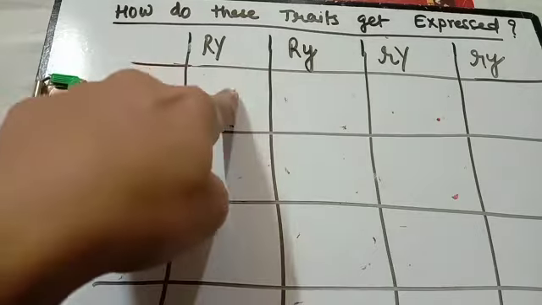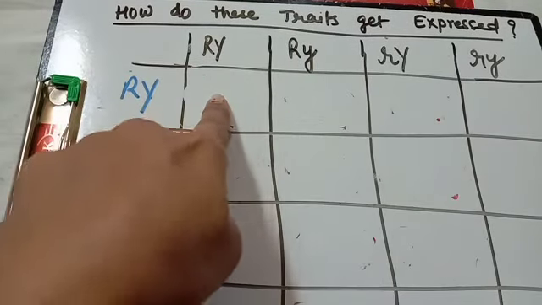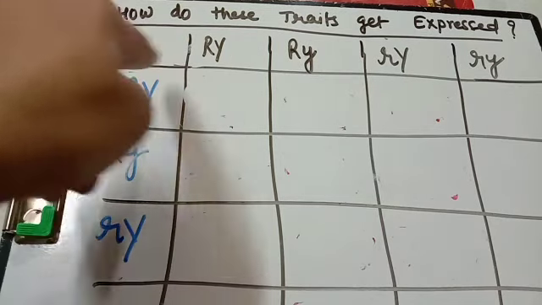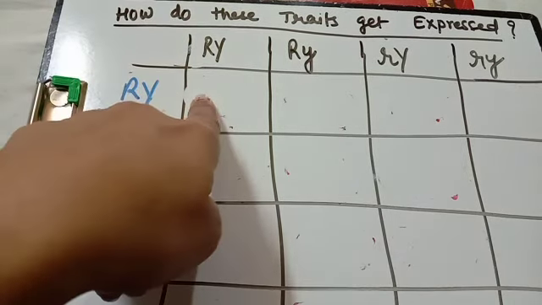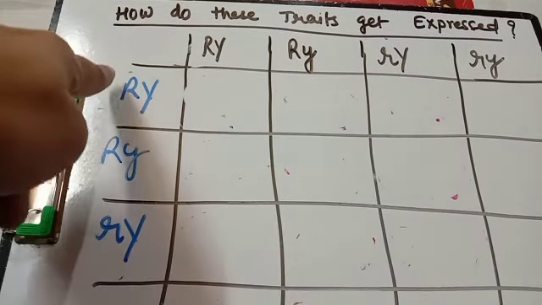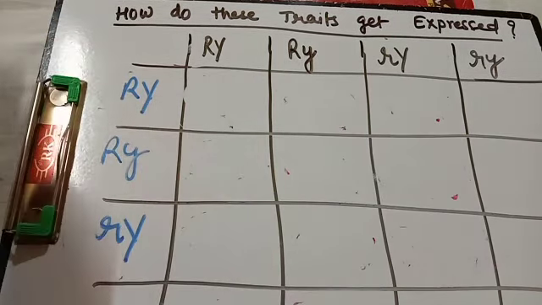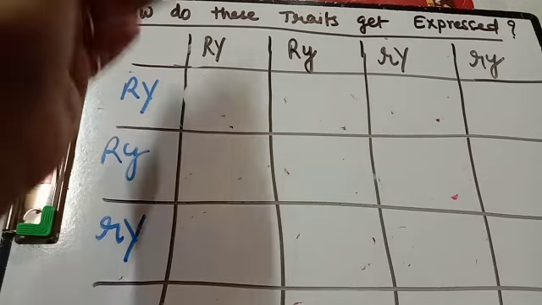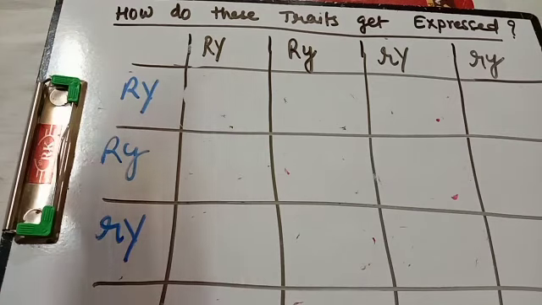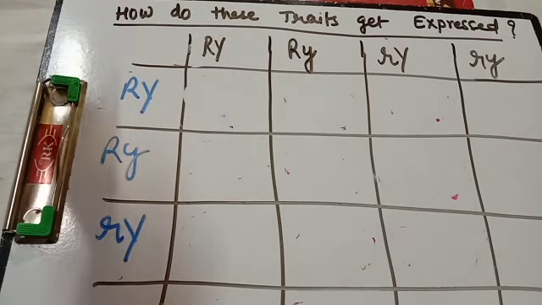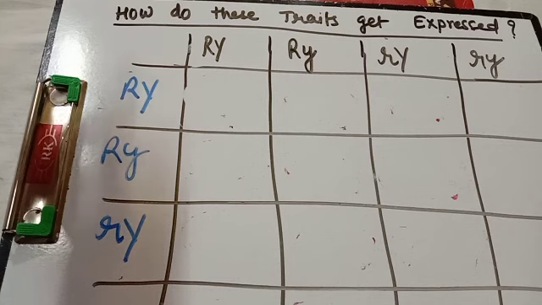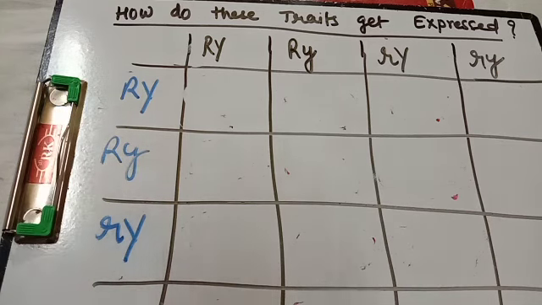Now what is the result? Always it is better to write the dominant trait first and then the recessive trait. Here first we go for RR and write RR together, YY together. Whenever I am writing this, keep 2 things in mind: write the same alphabet together, and dominant trait first.